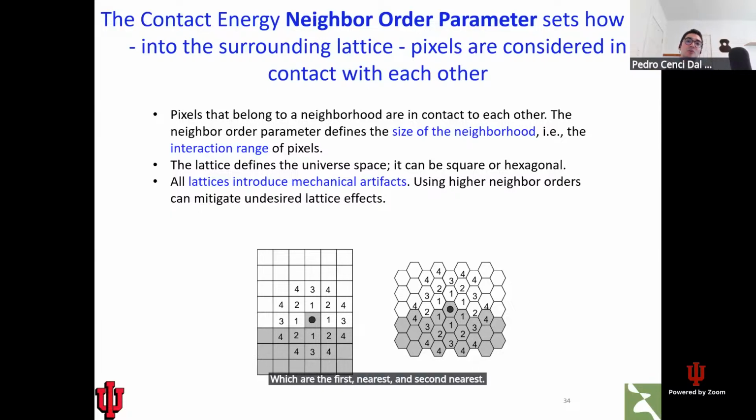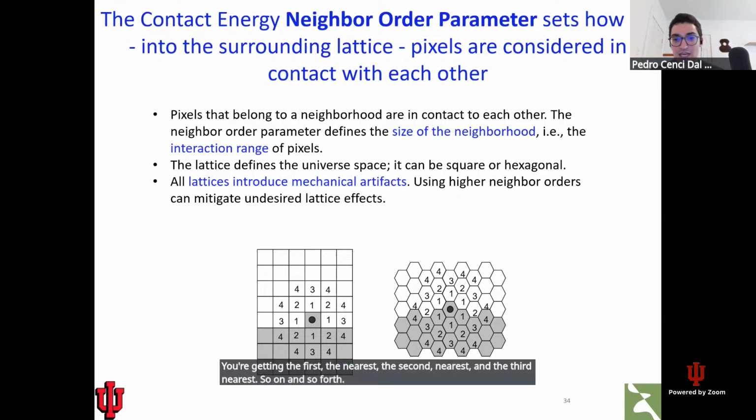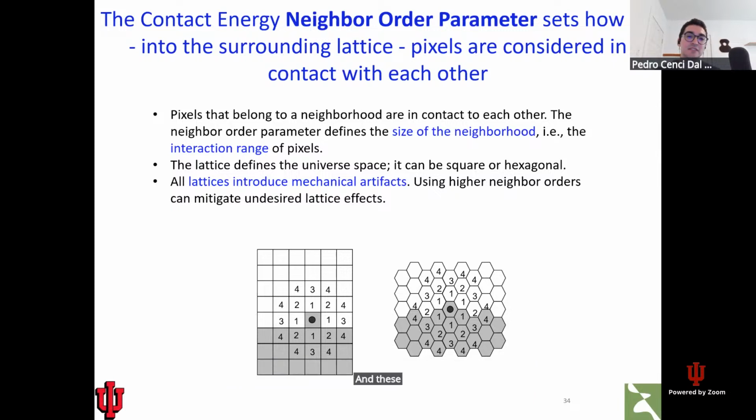If you go to neighbor order 3, you're getting the first nearest, the second nearest, and the third nearest, and so on and so forth. And these look different in square lattice, which is the left case, and the hexagonal lattice, which is the right case.